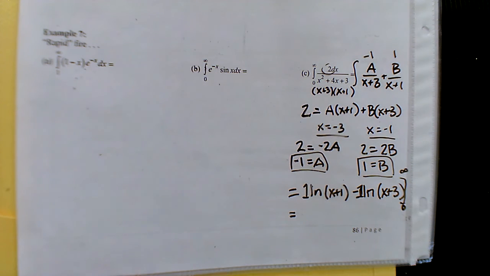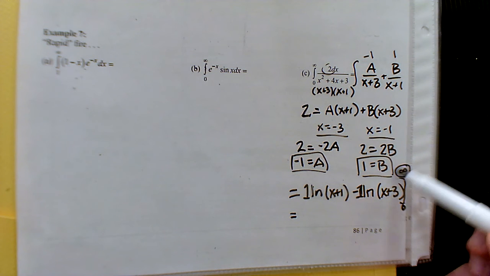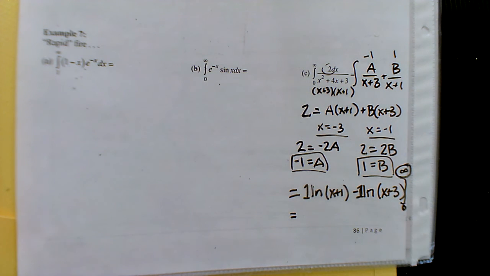All right, now since we're dealing with natural logs, it might be in our best interest to see if we can use a property of logs to go a little bit further, because if you really thought about plugging in infinity here, if we can make it a fraction, that would be in our best interest so we can utilize the growth rates to help us figure out what's growing faster than the other one. So is there a property of logs that we can use to somehow combine these two individual ones together?